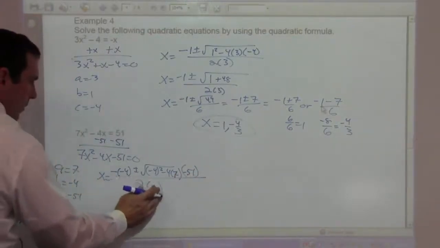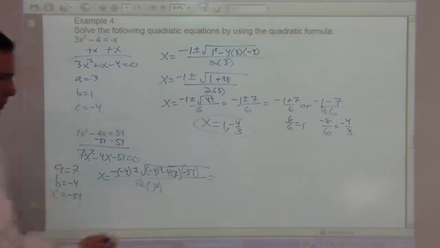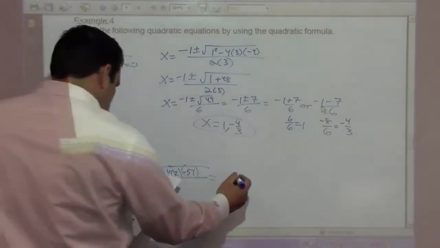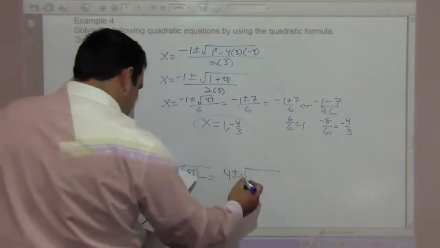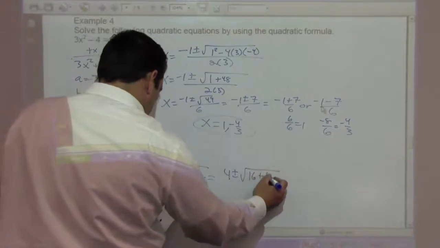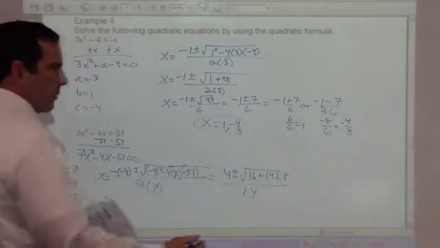Oh, our a is 7. And the square root needs to extend all the way. So this becomes 4 plus or minus the square root of 16 plus 1428 over 14. So it looks really bad right now, doesn't it?